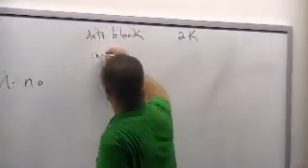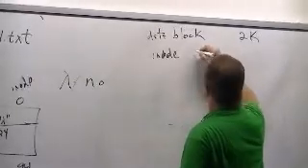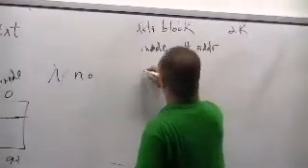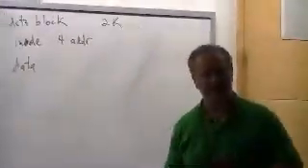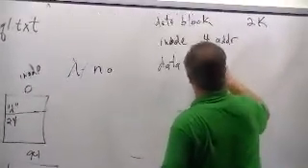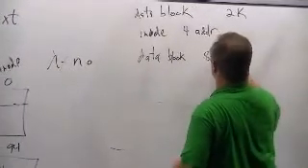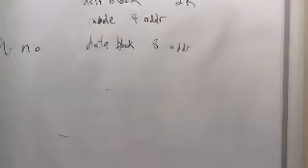Suppose an inode holds 4 addresses. And suppose that a data block, in addition to holding 2K of data, can also hold 8 addresses. What's the largest file that we could have in this system?